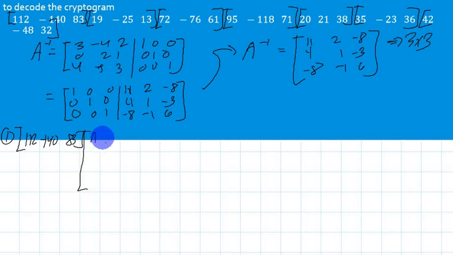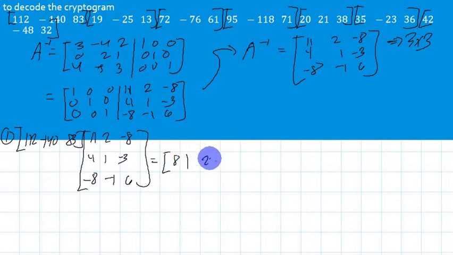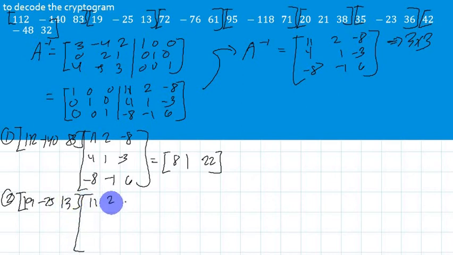multiply it to our inverse here, and we're going to have the numbers 8, 1, and 22. Let's also show the second one, which is actually 19, negative 25, 13, multiplying it to our inverse here.